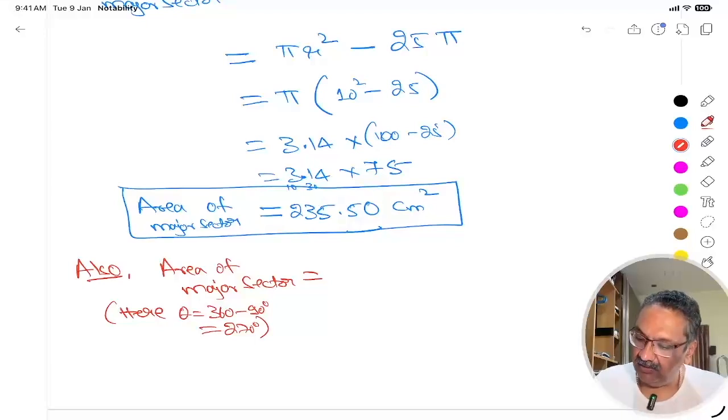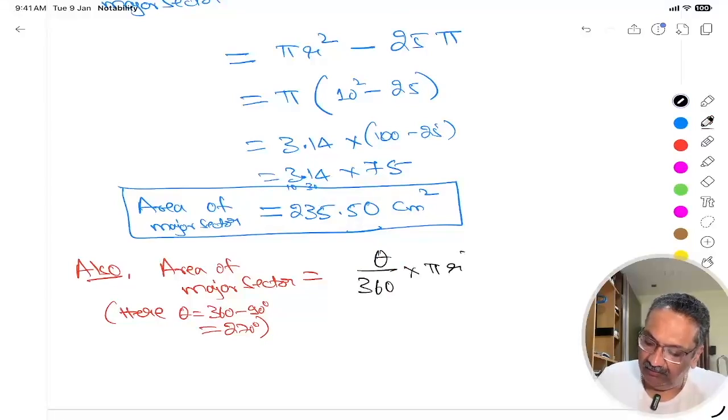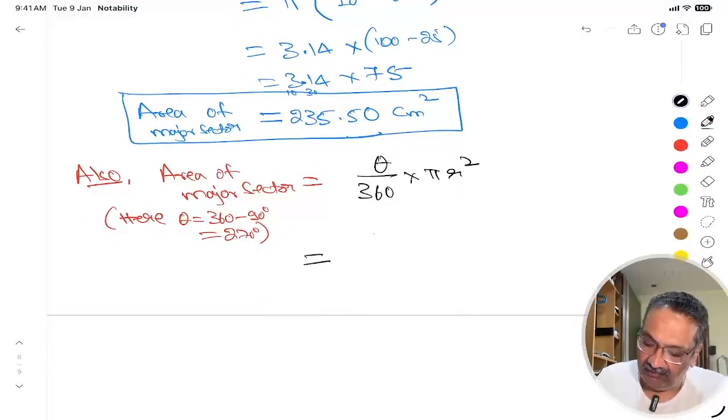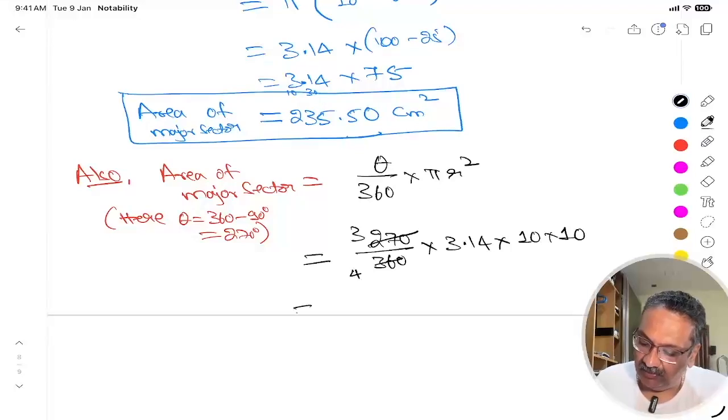All right, so we've got area of major sector is equal to theta by 360 into pi r square, or we have 270 by 360 into 3.14 into radius 10 into 10. This is 3 by 4. Then this becomes 5, this becomes 5.